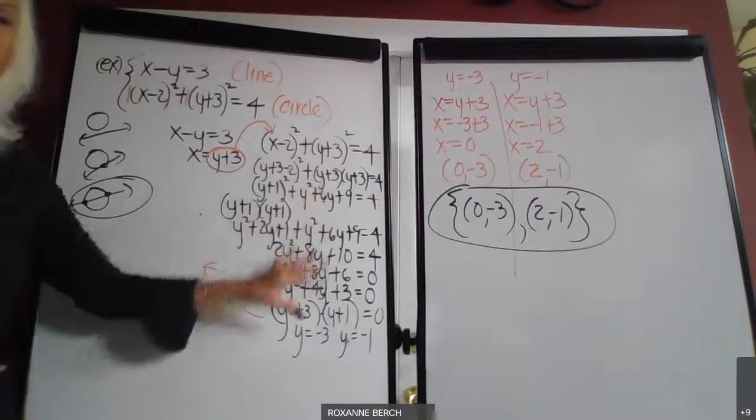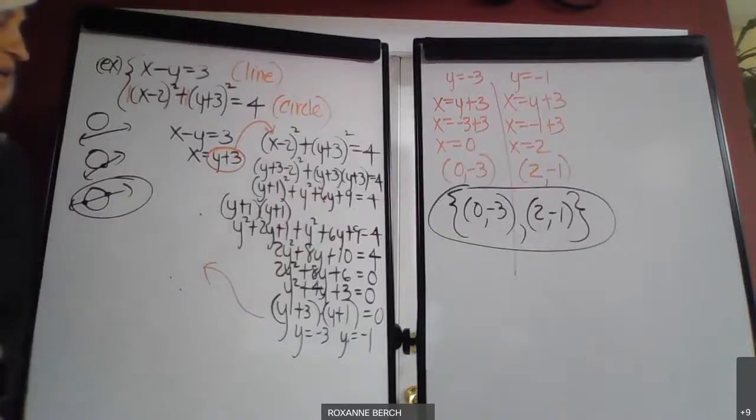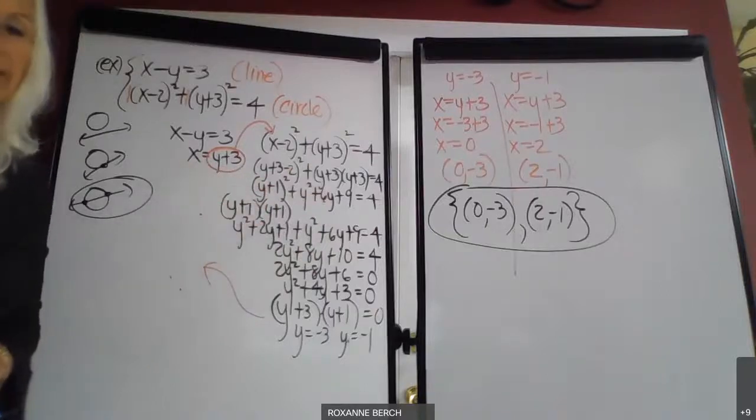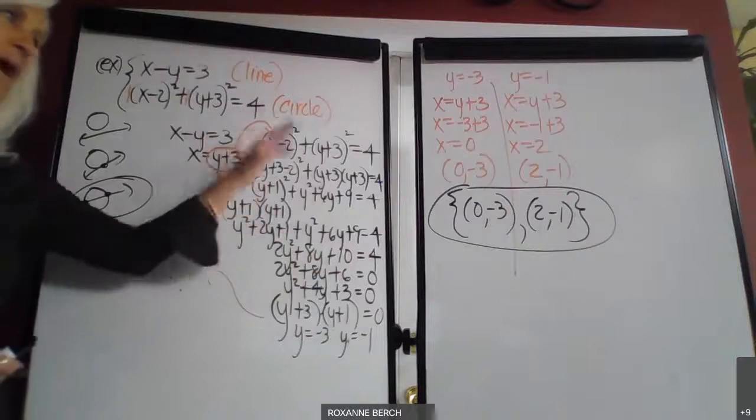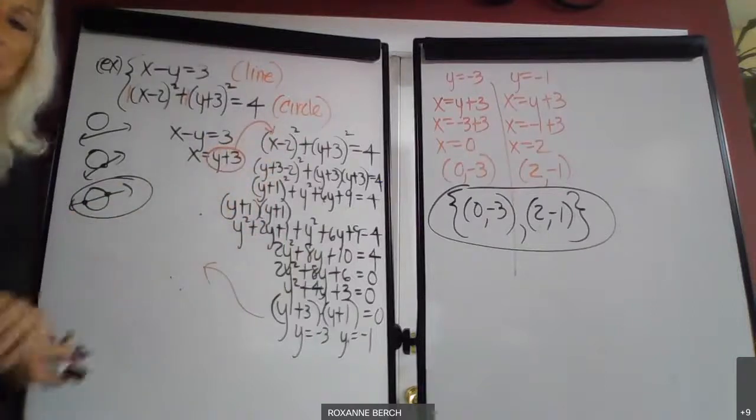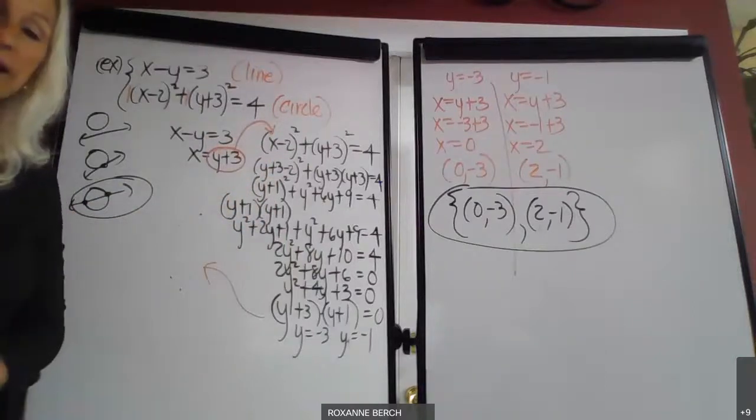So a lot of work right here because you had to solve for y and you had to FOIL and get everything broken down so you could factor and solve for y.